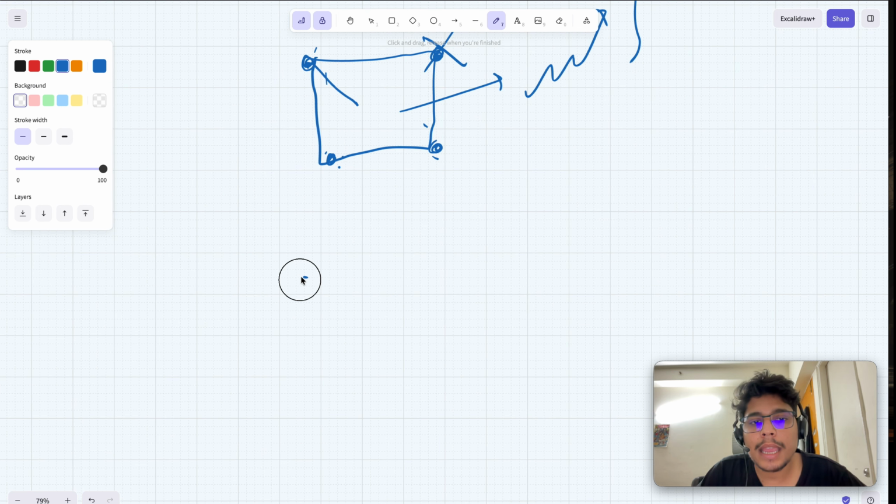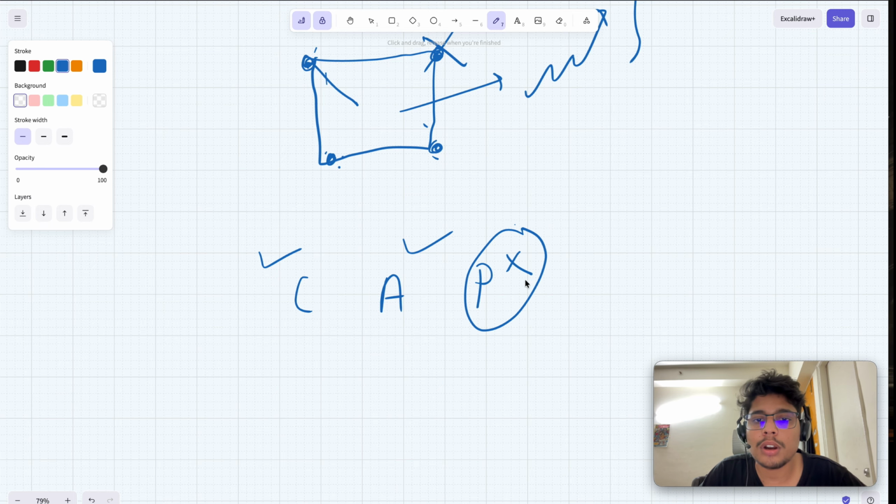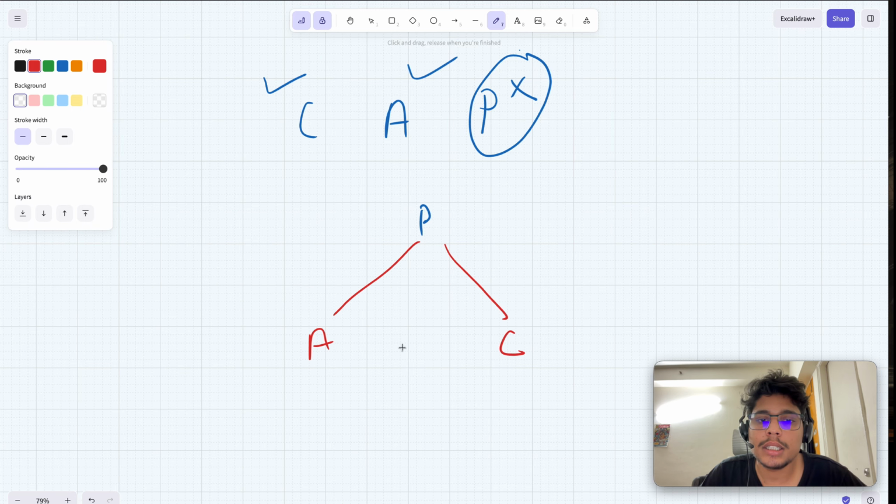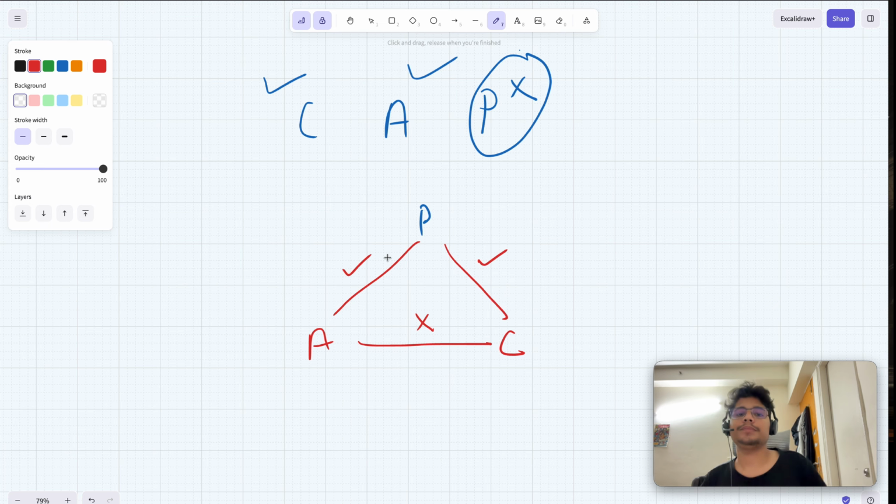So in the CAP theorem, we have three themes: consistency, availability, and partition tolerance. We cannot remove partition tolerance. Let me make the triangle again so you can understand better: P, A, C. C and A together at the bottom is not possible, so we can go either CP or PA according to this theorem.